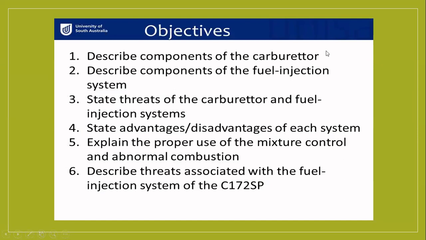Yes, needle valve, throttle valve, choke valve, main jet, pilot jet, floater, overflow pipe, inlet pipe, and outlet pipe. These are the carburetor components. So I will show you the line diagram of the carburetor. Then you want to label it properly and explain when you are asked the question.